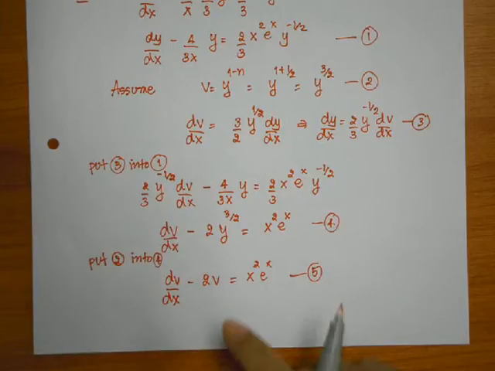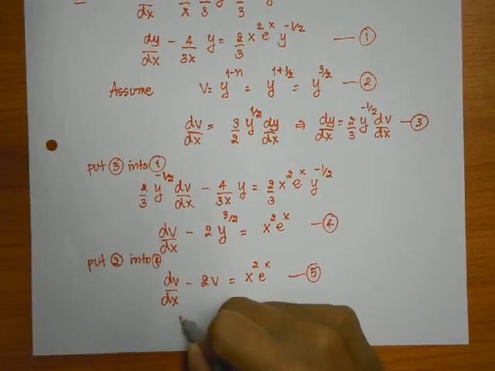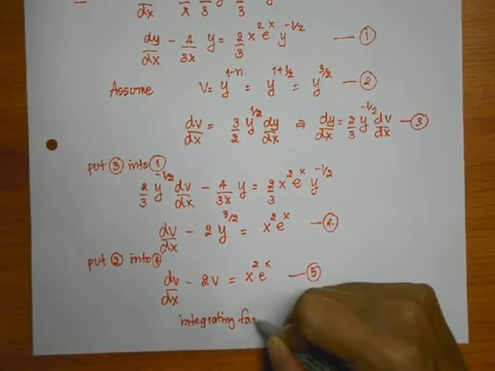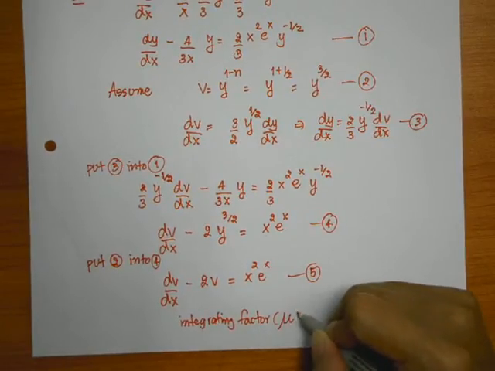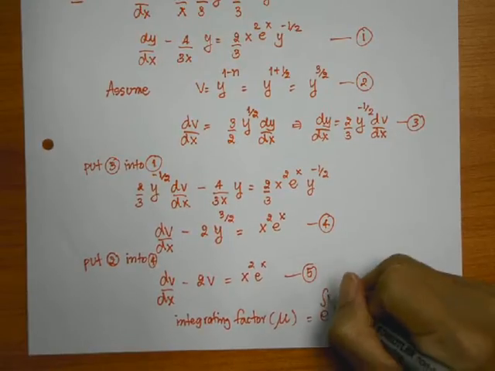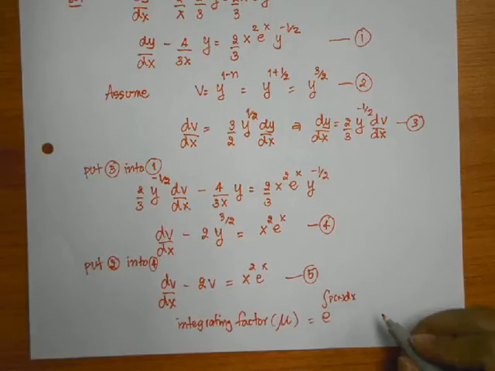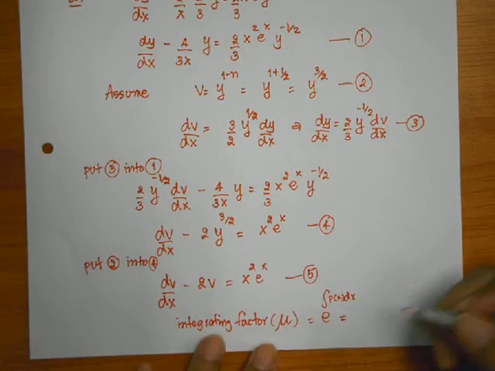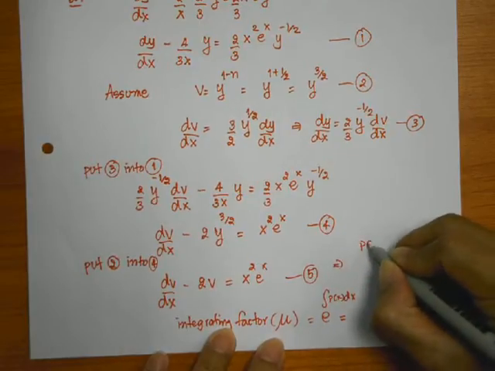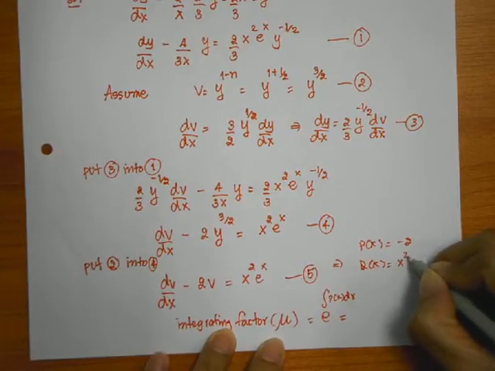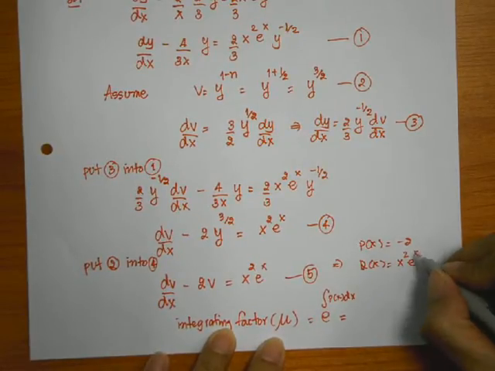So from this we can find the integrating factor, which we call mu, equal to e to the power integral of p(x) dx.